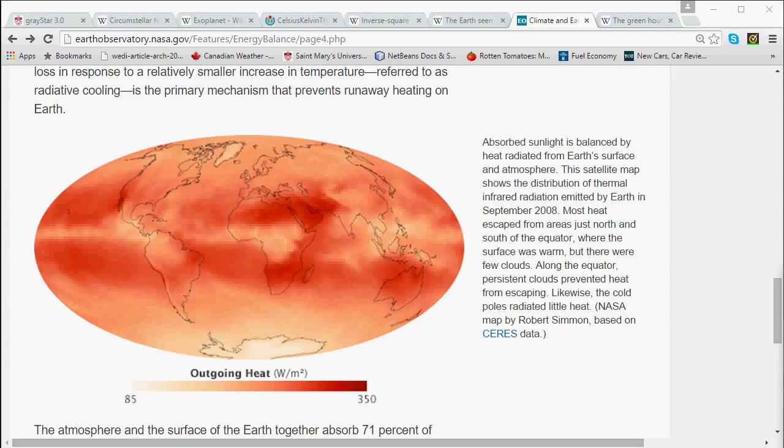It depends on the distance that the planet has from the center of the star, and those two things together, the star's luminosity and its distance from the planet, determine the amount of flux from the host star intercepted by the planet. Then we also have the albedo of the planet, which determines the fraction of that intercepted flux that actually heats the planet. Then we have the greenhouse effect. So that's four things: the luminosity of the host star, the distance of the planet from the host star, the planet's albedo, and the planet's greenhouse effect.